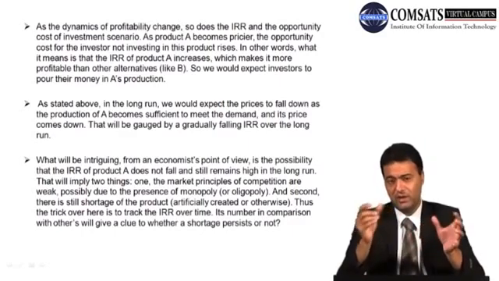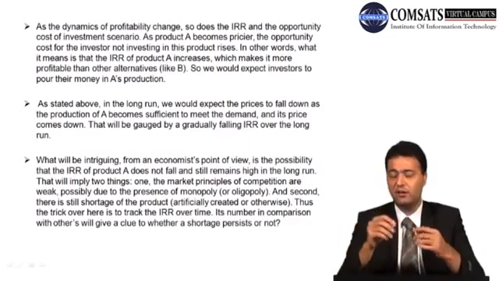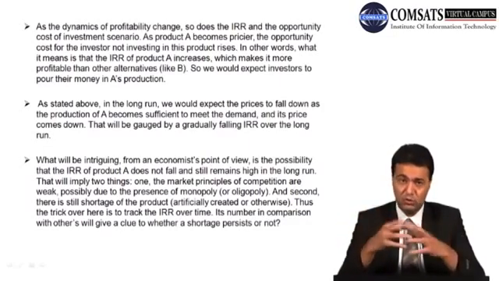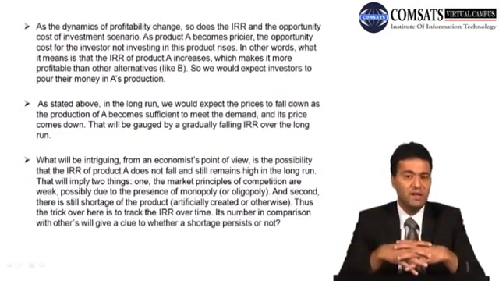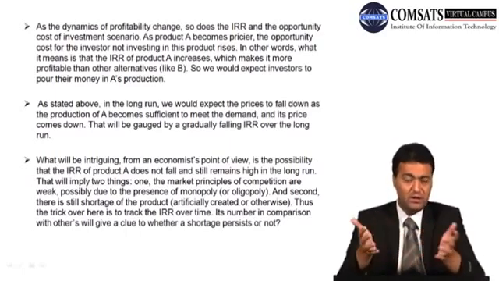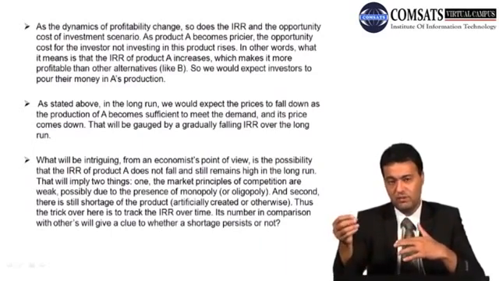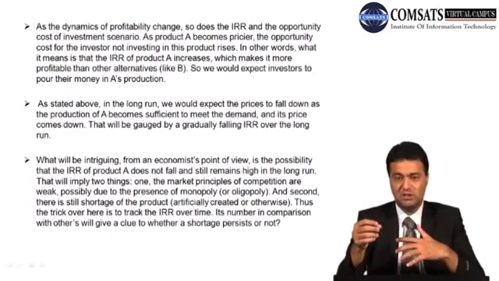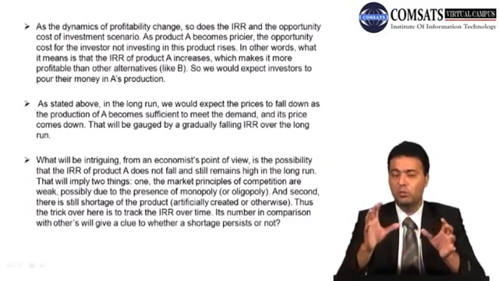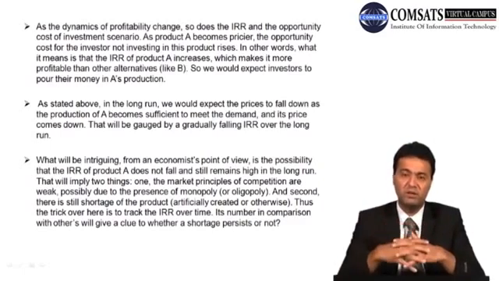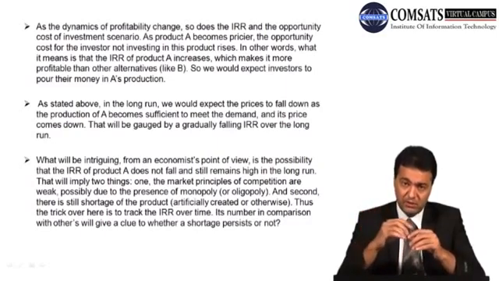But from an economist's point of view, if you start tracking the internal rate of return of a certain product, a government official might say that there is no shortage of this thing in this country, or that we are able to handle this and the supply would be ensured. But for an analyst tracking shortages, a very good indicator would be to look at the development of the internal rate of return.